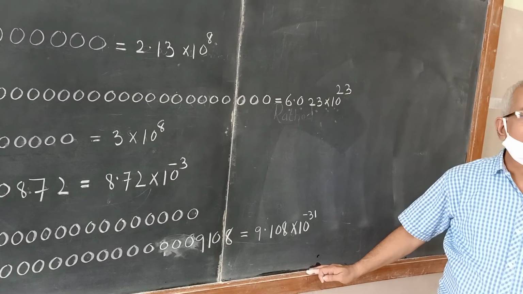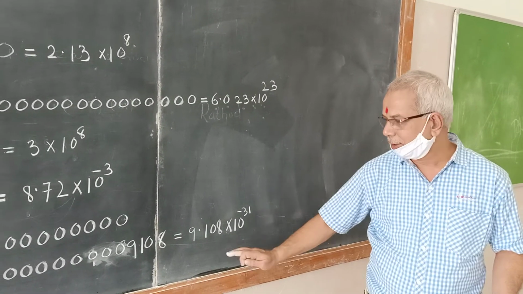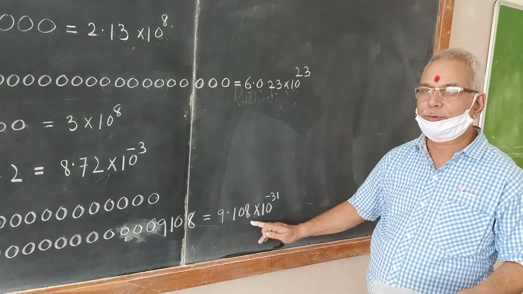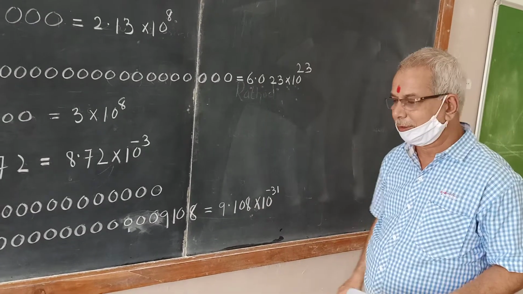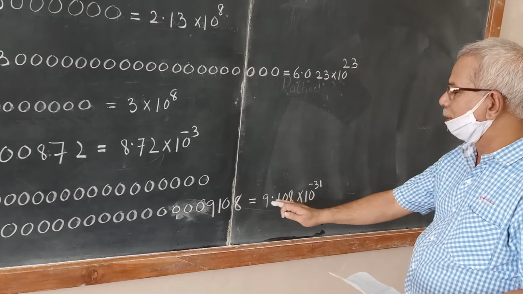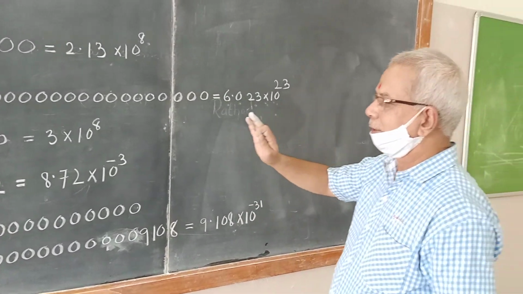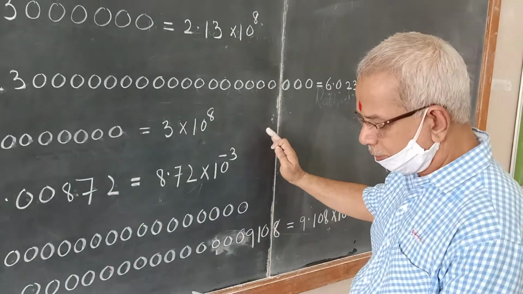That's why they made the scientific notation to write huge numbers or minute numbers. We will learn in the second chapter that this is the mass of the electron. That's why I have taken well-known numbers. So this is the way we write bigger or smaller numbers in scientific notation form.